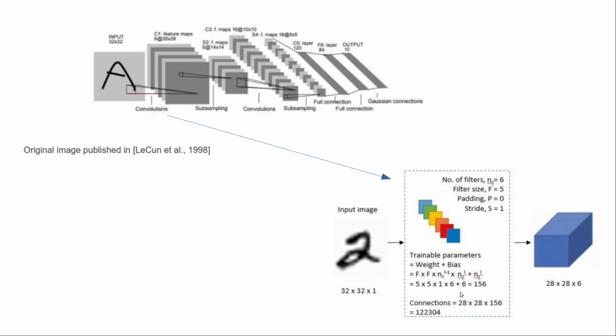By this multiplication and addition, I get 156 as the total number of trainable weights. And what will be the number of connections? That will be the size of the output of this operation multiplied by these trainable weights. My output size becomes 28 by 28, so the total number of connections will be 28 multiplied by 28 multiplied by 156, which is 122,304. This is for the first layer, conv2d.